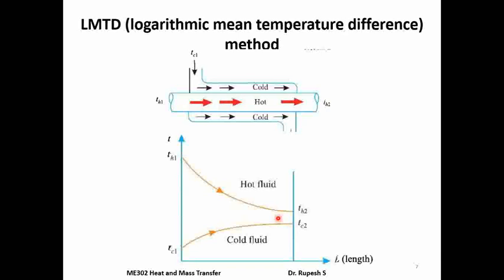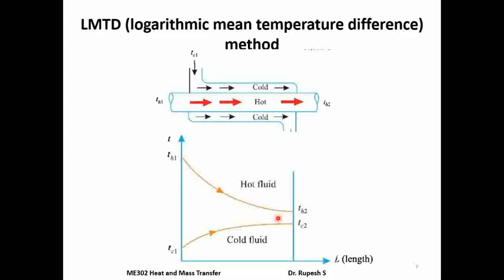So it is difficult to determine the total heat transfer from the hot to cold fluid under this condition of varying temperature difference. So for the sake of simplicity, we assume a constant temperature difference that would give the same heat transfer that actually occurs under variable conditions of temperature difference.